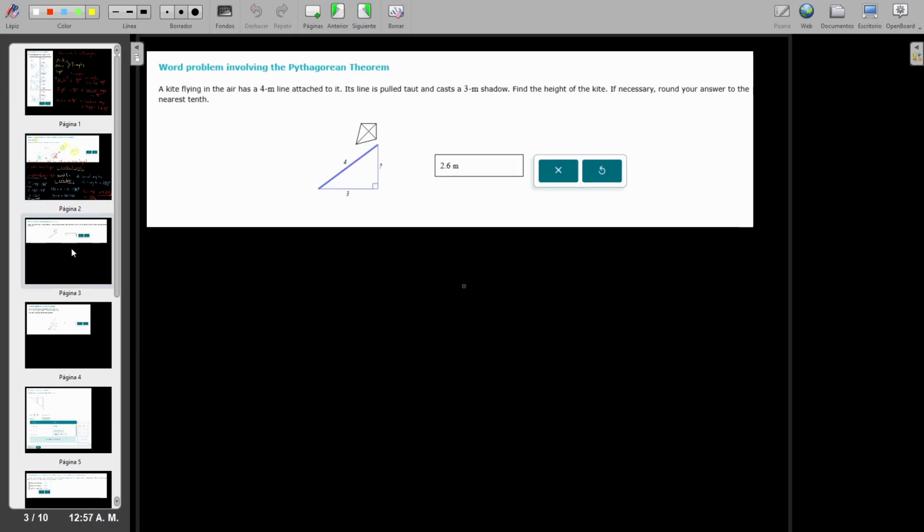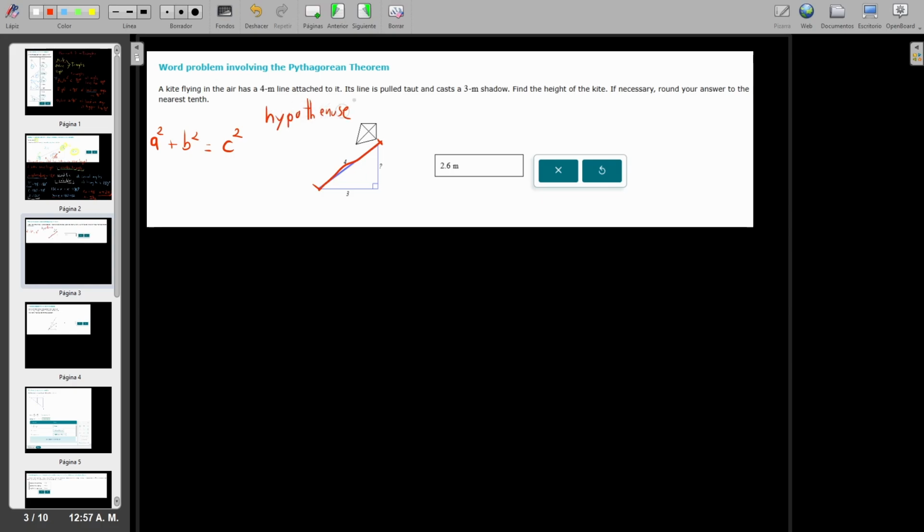Now, the next one. This is easy. This is with our dear friend Pythagoras. Do you remember your Pythagorean theorem? Your Pythagorean theorem is a squared plus b squared equals c squared. What is c? C is always going to be the hypotenuse.